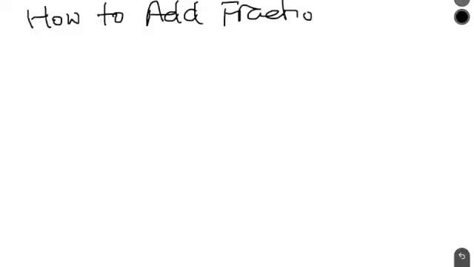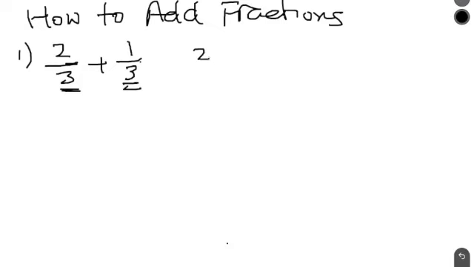Today we're going to look at how to add fractions. When we think about adding fractions, there are two types of problems we could see: when fractions have the same denominator, and when fractions have different denominators.